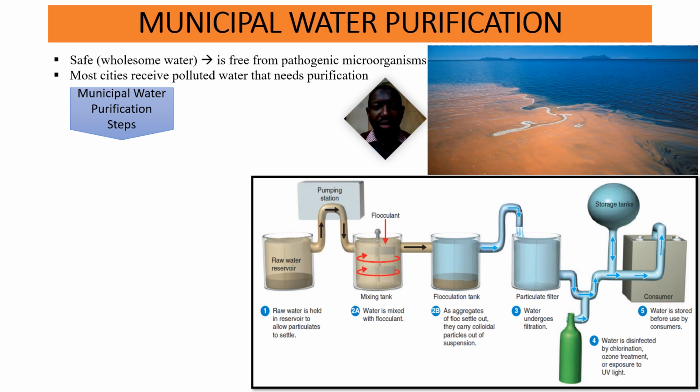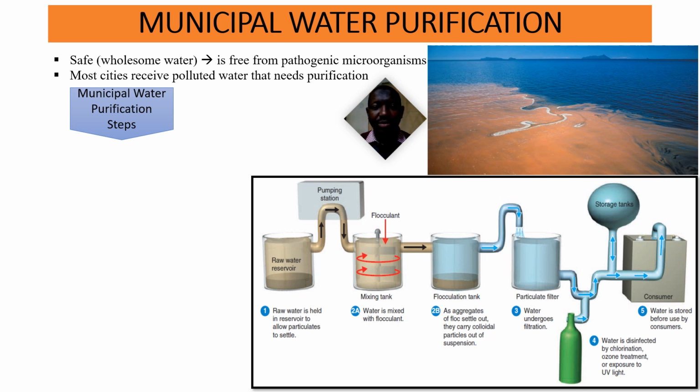Generally, there are 4 major steps used in municipal water purification. However, it should be noted that the water treatment is not intended to produce sterile water, but rather a potable water, which is a water that is considered safe for drinking.